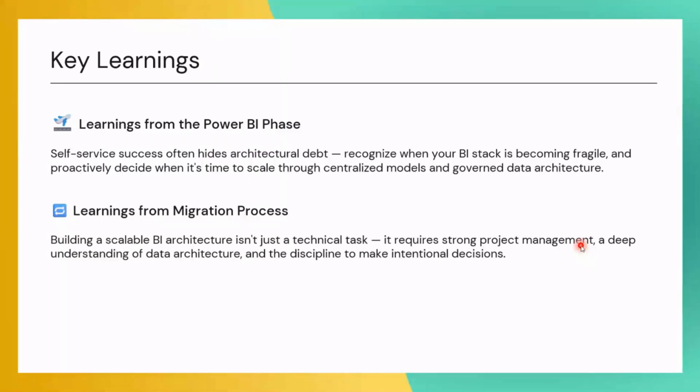A learning from the migration phase is that building a scalable BI architecture isn't just a technical skill or technical task. One of the two main tools, as mentioned, is the migration tracker, which is purely project management. And it requires strong project management skills and a deep understanding of data architecture. And then, as said, the discipline to make intentional decisions.